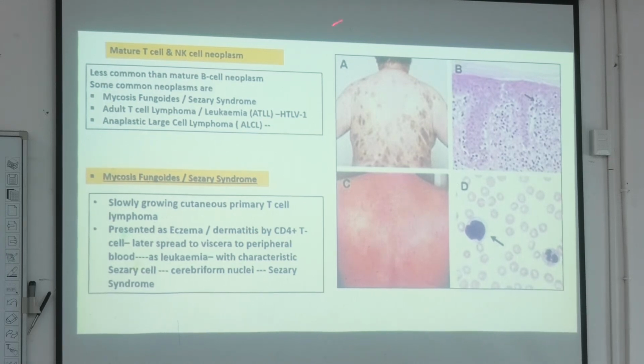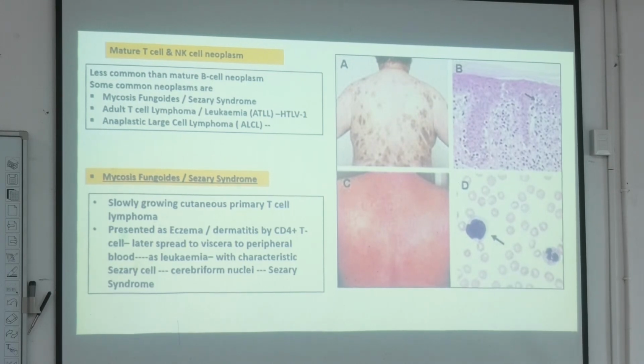The patient presents with this. When the disease from the skin spills into the blood, the lesion looks like eczema-like features. When it goes to the blood, the Sézary cell has a cerebriform nucleus, with brain-like architecture, in the peripheral blood.